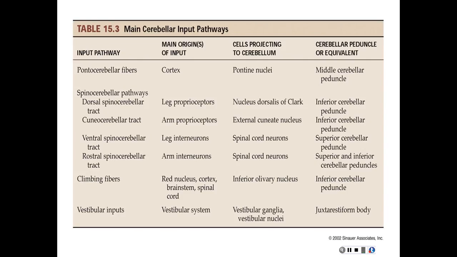But if you want the cerebellum to influence motor activity, and this is very intuitive now, what type of information should the cerebellum get? Right? Well, it should get proprioceptive information.